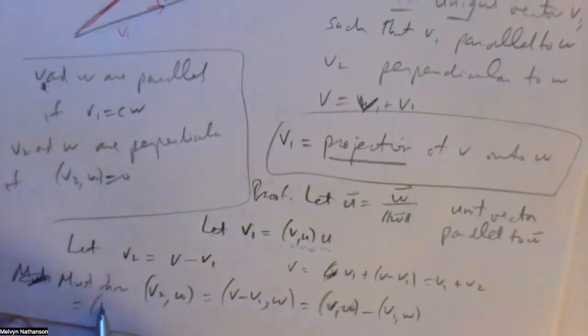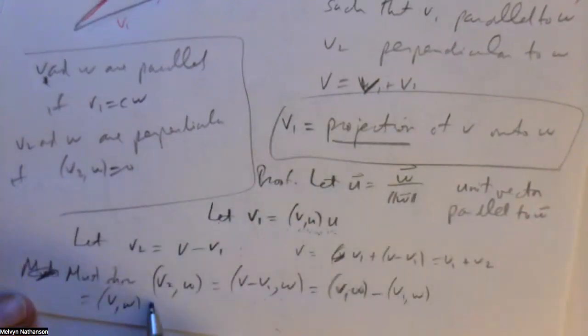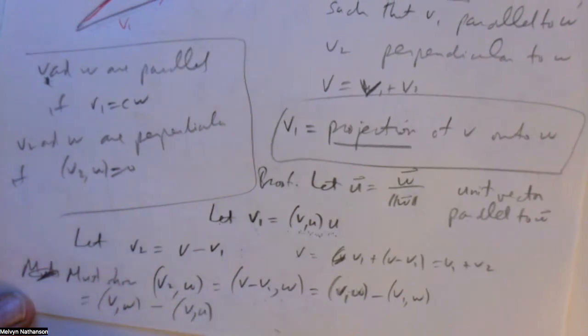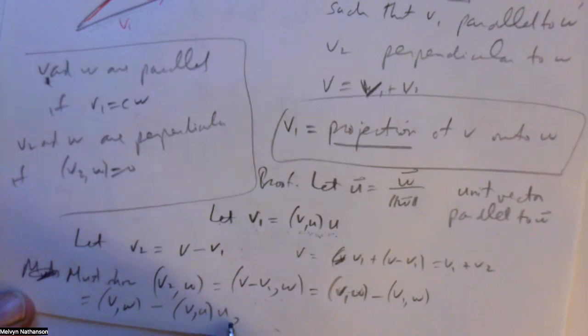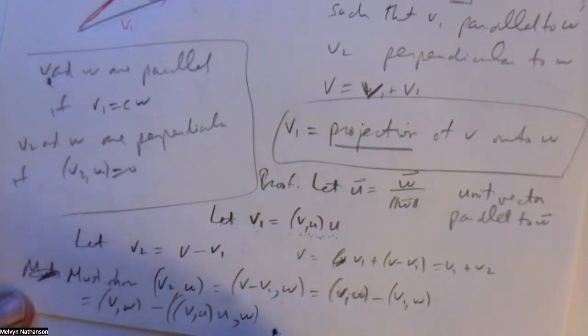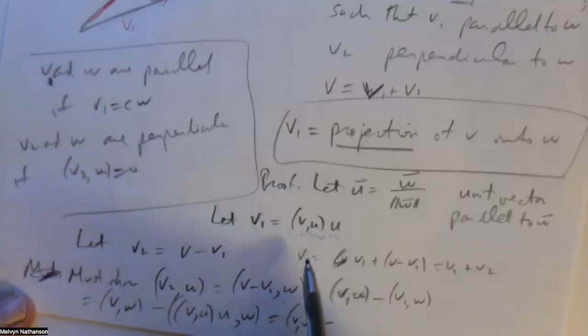So this is VW, inner product of V and W, minus V1. V1 is the inner product of V and U times U, inner product with W. It's the inner product of V and W minus, and U, what is U?